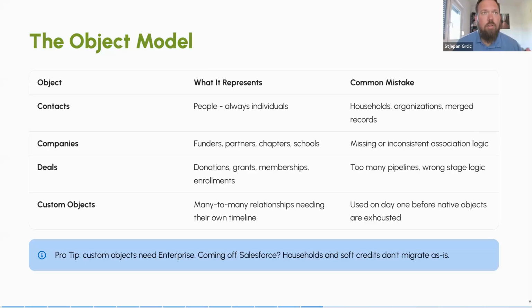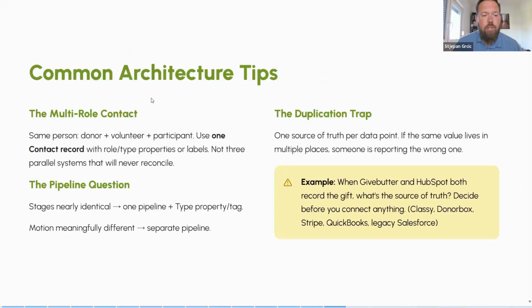Okay, let's move to another slide, the common architecture tips that we want to share with you. Four patterns that came up in basically every nonprofit portal that we touched. First, the multi-role contact: the same human being is a donor and a volunteer and a program participant. The instinct is to create three separate records, and that's wrong because it's only one human.